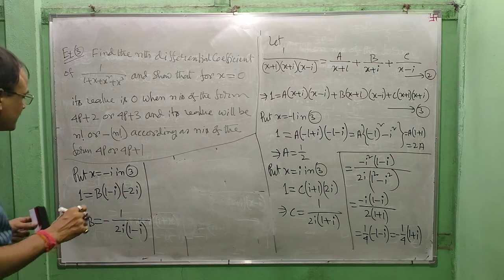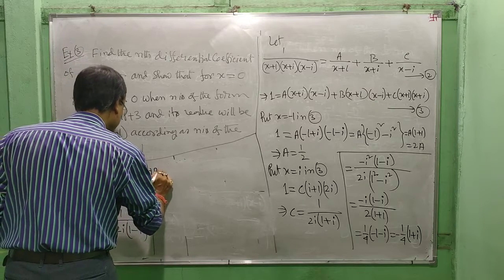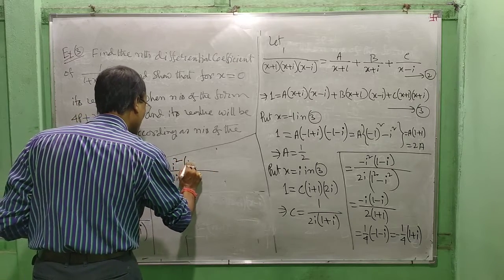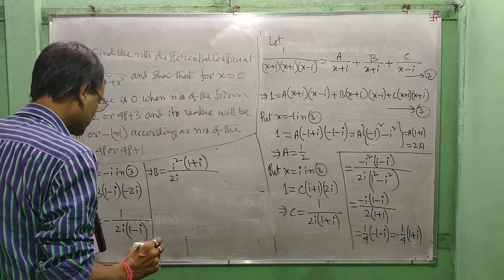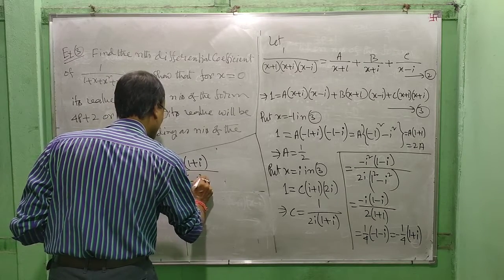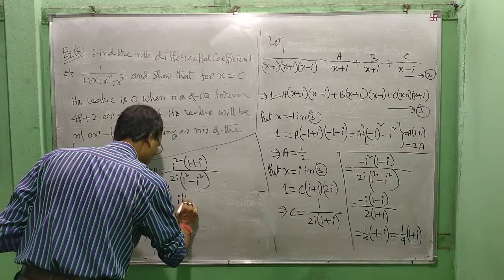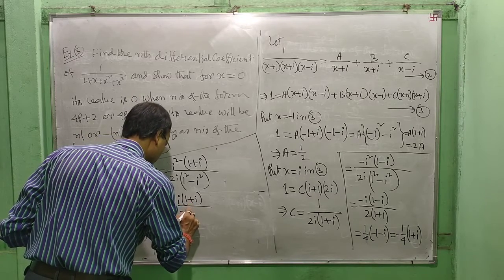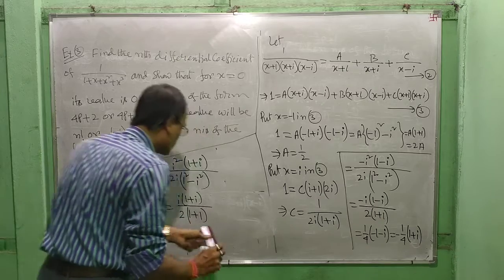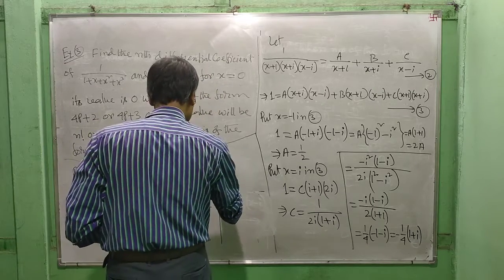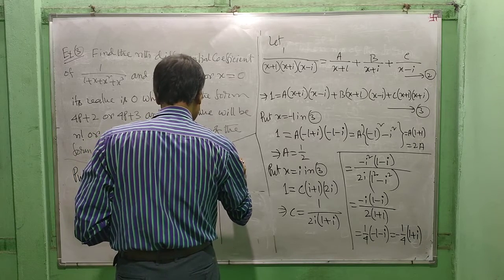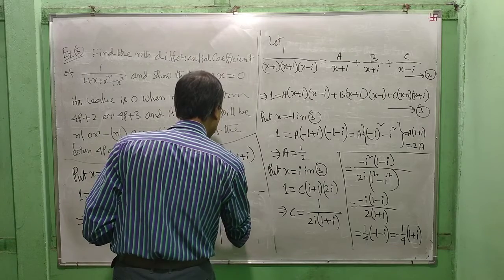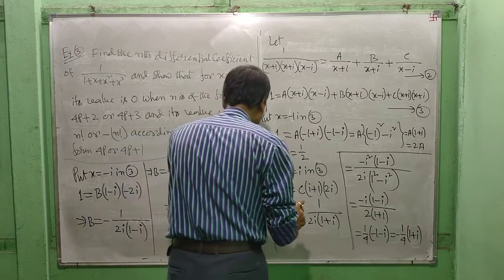This implies b is equal to i square divided by twice i (1 plus i) over (1 square minus i square). This is equal to i (1 plus i) divided by 2 into 2, which is equal to 1 by 4 into (minus 1 plus i), or you may write minus 1 by 4 into (1 minus i). You may write like this also.